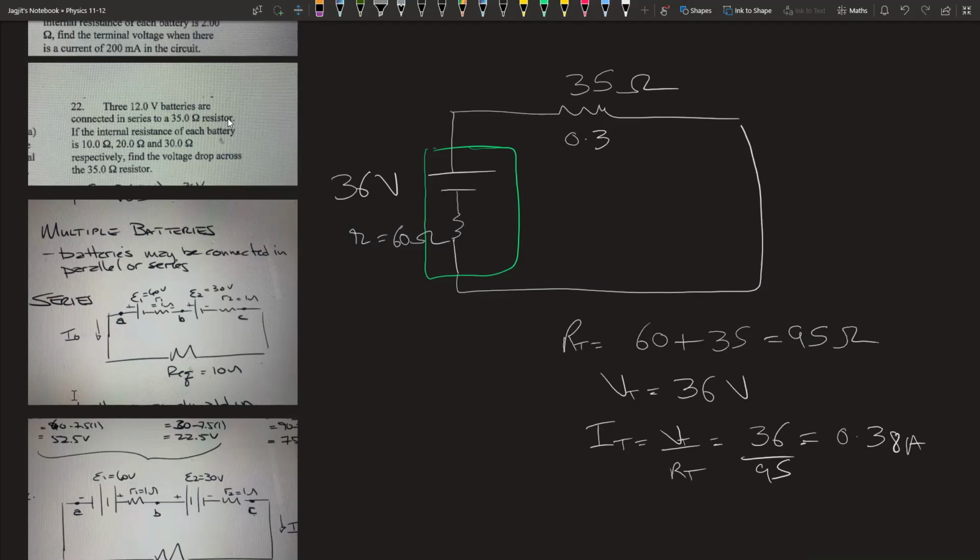Okay, so I know how many amps flow through here, 0.38 amps, and the same amps are going to flow through here. Now the question says, find the voltage drop across the 35 ohm resistor. Very simple, you multiply them. So 0.38 times 35, you get 13.26 volts, folks. Okay, that's the voltage that's going to drop across the 35 ohm resistor.